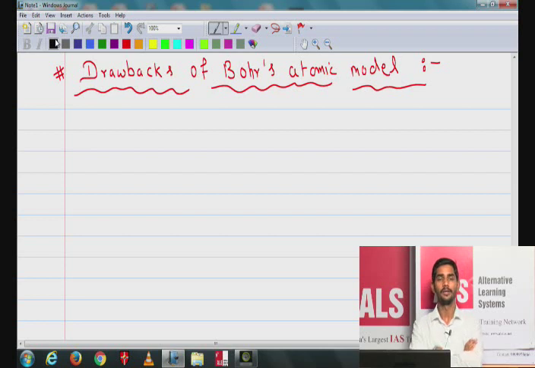But in the Rutherford model, the nucleus was discovered. After that, the Rutherford model failed because it couldn't explain Maxwell's theory. Then Bohr came in, and he explained the drawbacks of the Rutherford model.